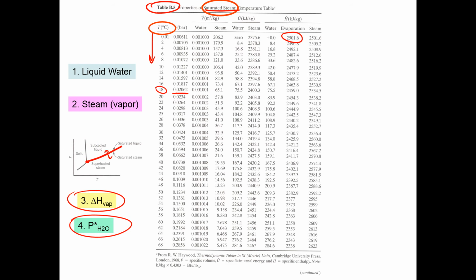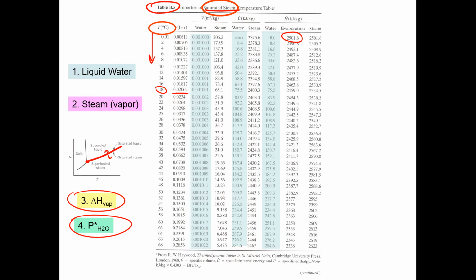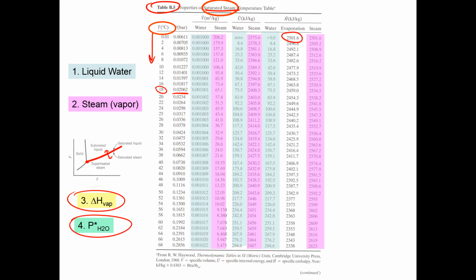Okay, so there's our table B5. I'm also giving you a handout on this so you can reference it for your problems. That's just water, liquid water versus the vapor, steam or water vapor.